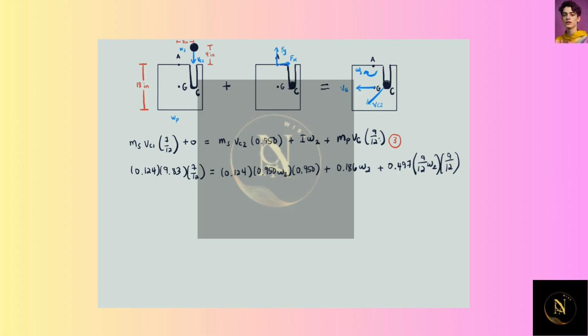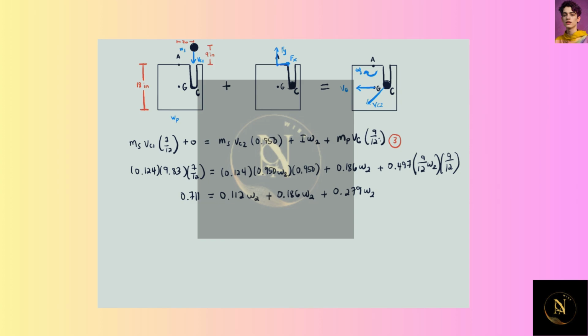Simplifying, the left hand side will be equal to 0.711, and the right hand side will have 0.112 omega plus 0.186 omega plus 0.279 omega.